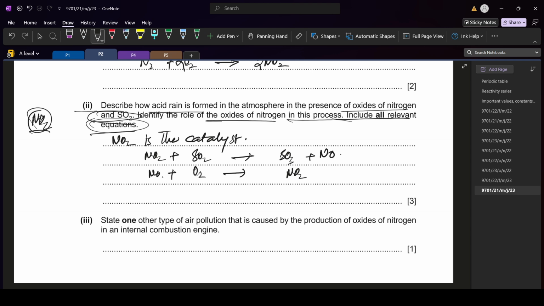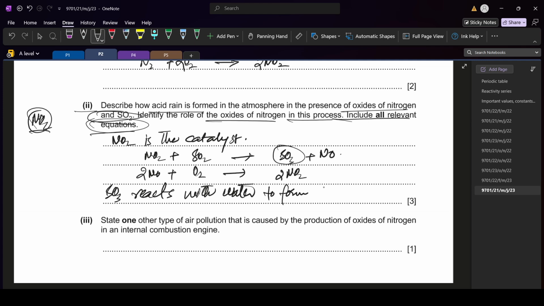Then this sulfur trioxide reacts with rain or moist water in the atmosphere, or you can say water vapors, to form sulfuric acid.